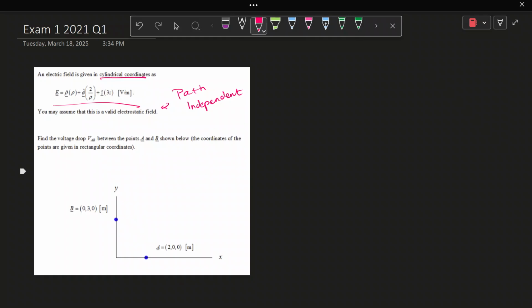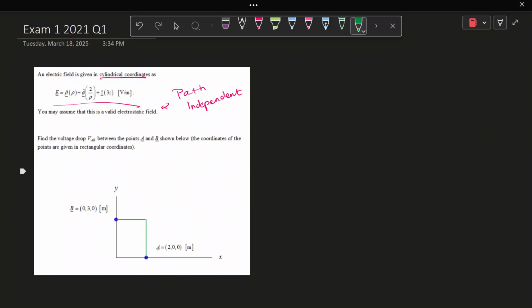So whenever something is in cylindrical coordinates, it might be a little easier to deal with circles, right? Instead of something that might seem obvious, maybe you go straight up and then you go left. Well, this would work if you have rectangular coordinates, because it's very easy.